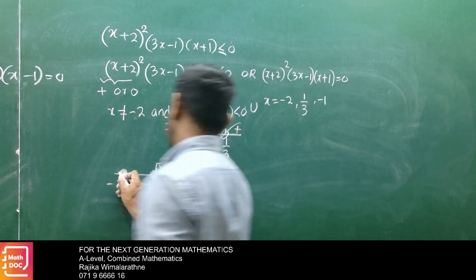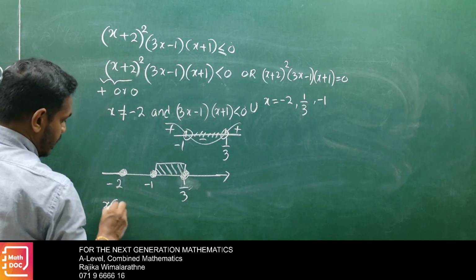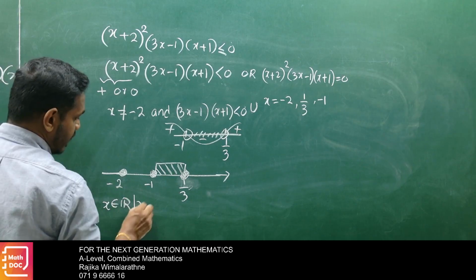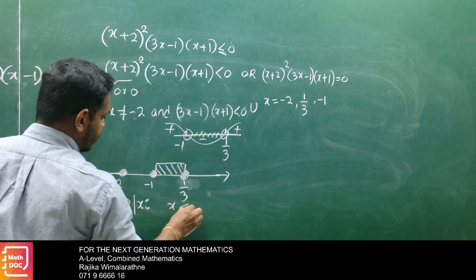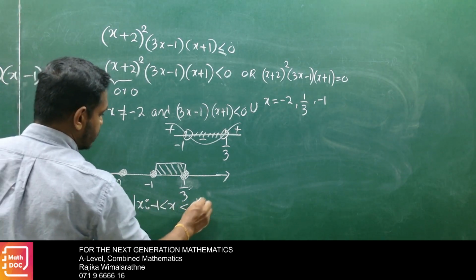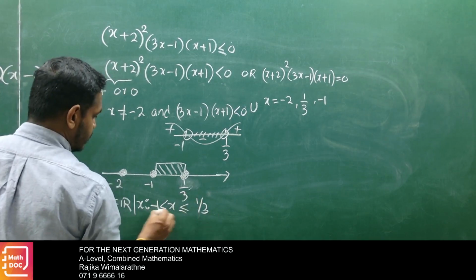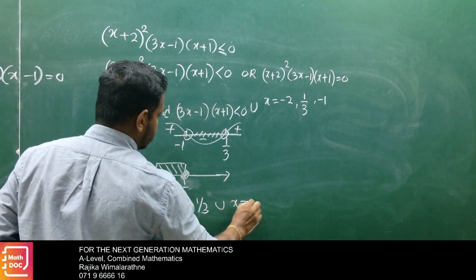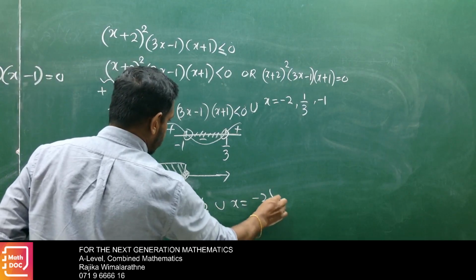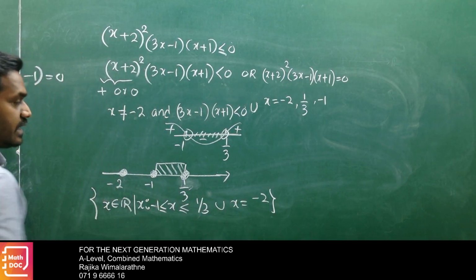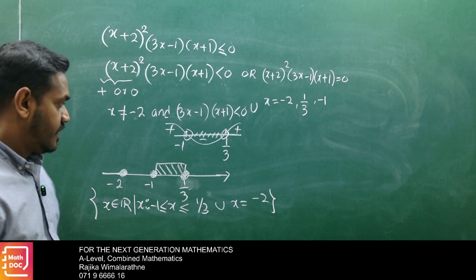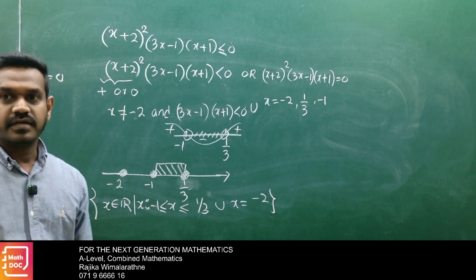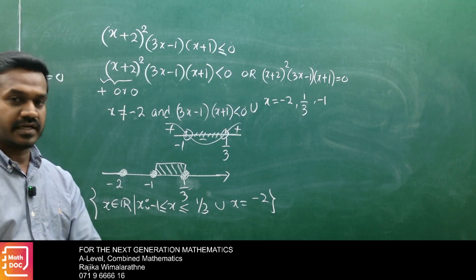Then the shaded region is x element of real set, x such that x in between -1 to 1/3 with equal sign and another -2, union x equal -2. Likewise, we have to completely write the final answer. Okay. Check very carefully. Yeah? Check very carefully.